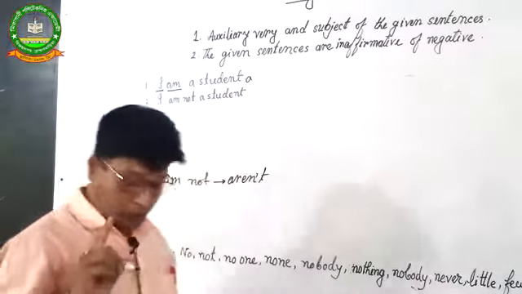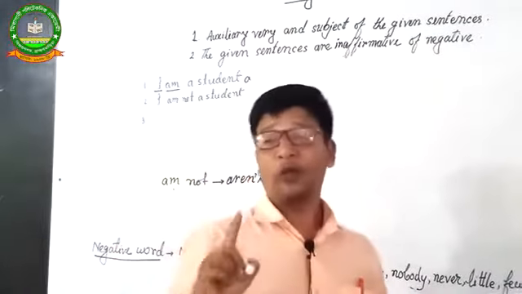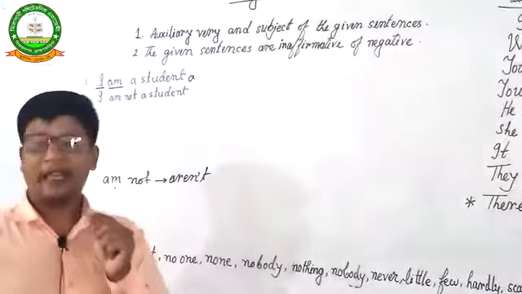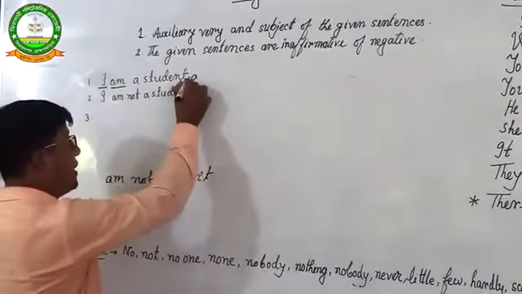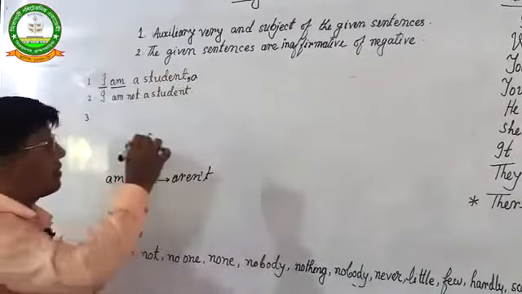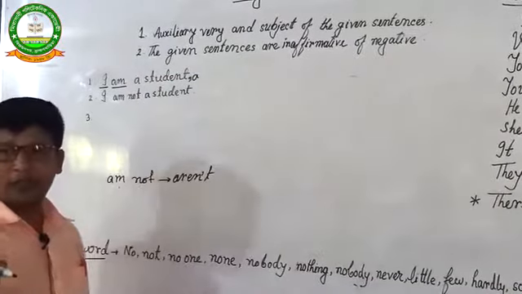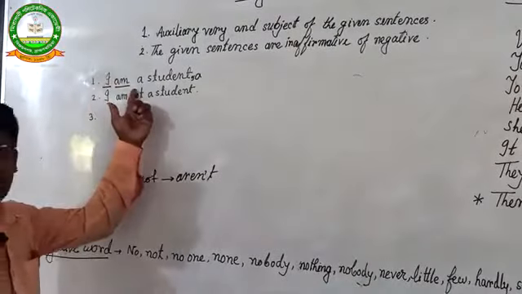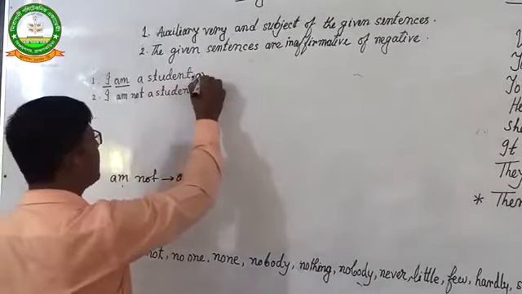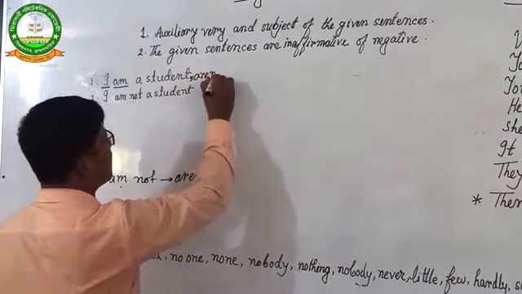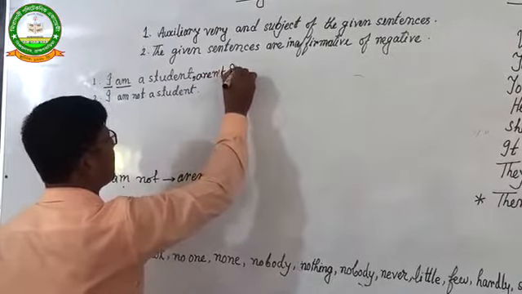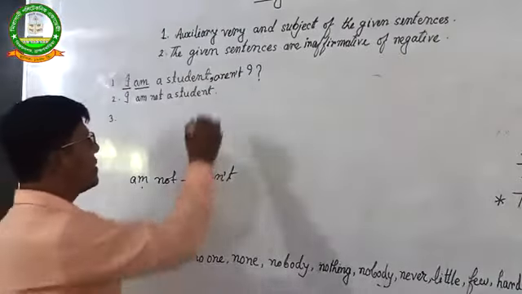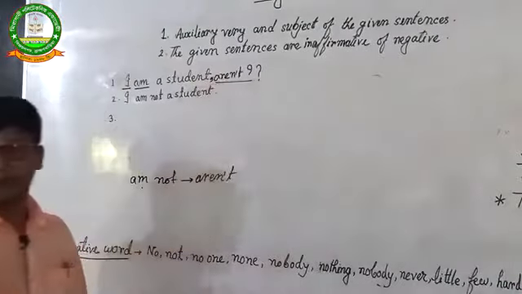You should remember, when you write the sentence, you put a comma at the end of the given sentence. Then you find the subject and auxiliary verb. Then you use aren't, I, and a question mark at the end of the sentence. This is a tag question, a very easy term.